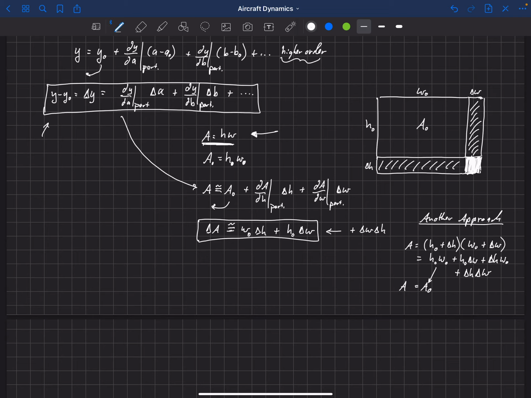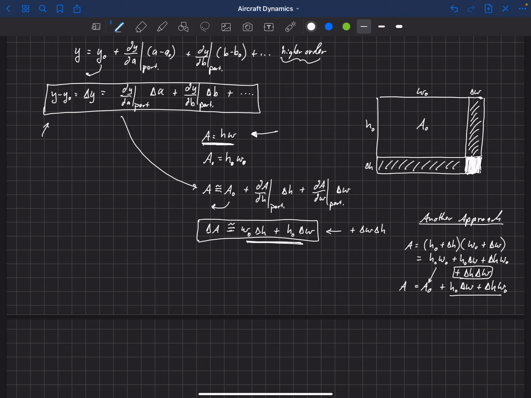See, this term right here is H naught times W naught, so that's just A naught, plus H naught times delta W plus delta H times W naught. And actually, these terms are identical to what I got over here. And then this last term right here is what we're going to drop. That's called a nonlinear term.